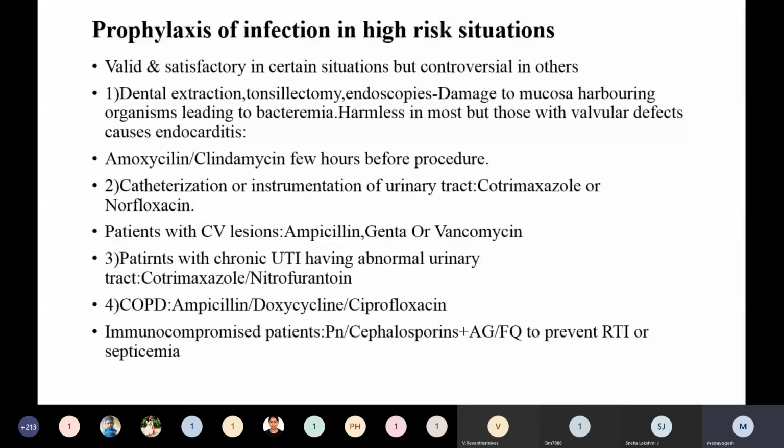Patients with chronic UTI who have an abnormal urinary tract, the drug of choice is cotrimoxazole or nitrofurantoin. Patients with COPD, we have to give prophylactic ampicillin, doxycycline or ciprofloxacin. In immunocompromised patients, the drugs of choice are penicillin or cephalosporins, aminoglycosides or fluoroquinolones to prevent septicemia.